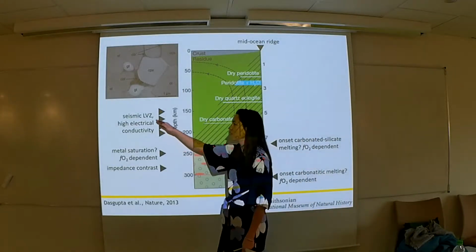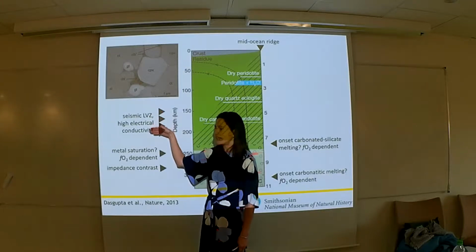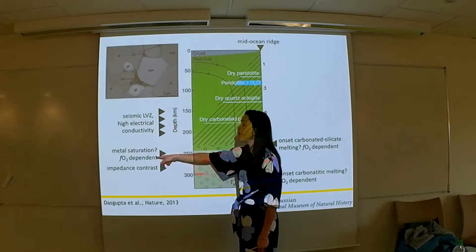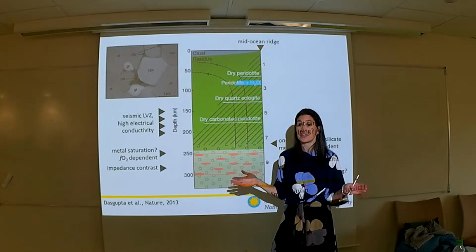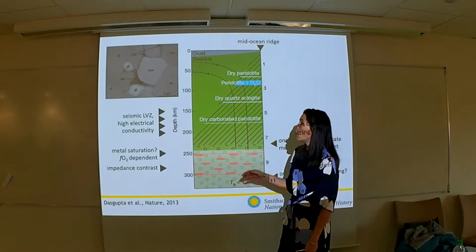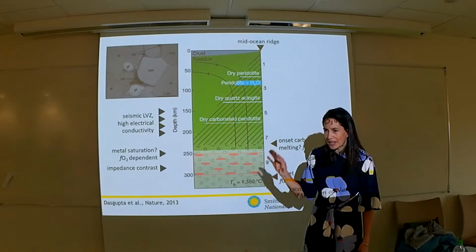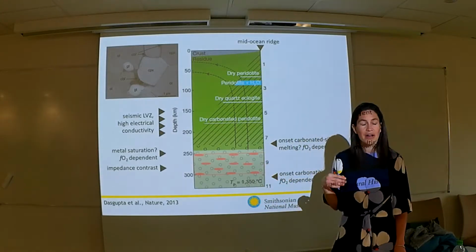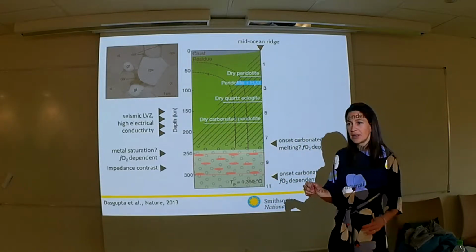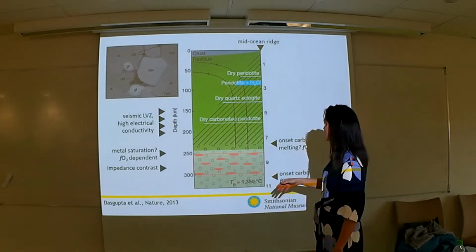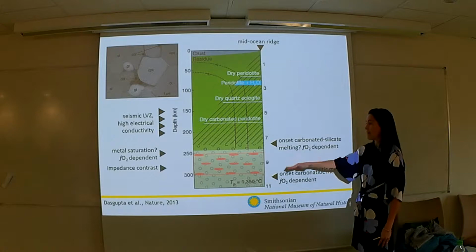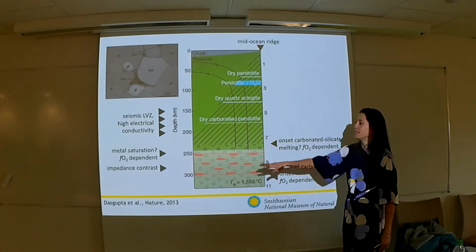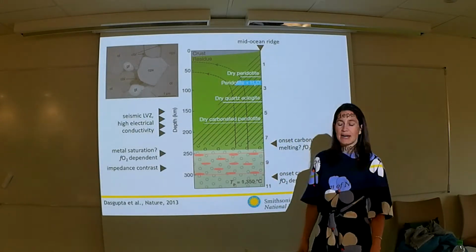As we're interpreting low velocity zones, electrical conductivity, where metal saturation occurs in the mantle is all going to be a function of oxygen fugacity. So we need to know the absolute value of oxygen fugacity to be able to interpret our experiments and models to understand our geophysical signatures about the initiation of melting, electrical conductivity, all like that.